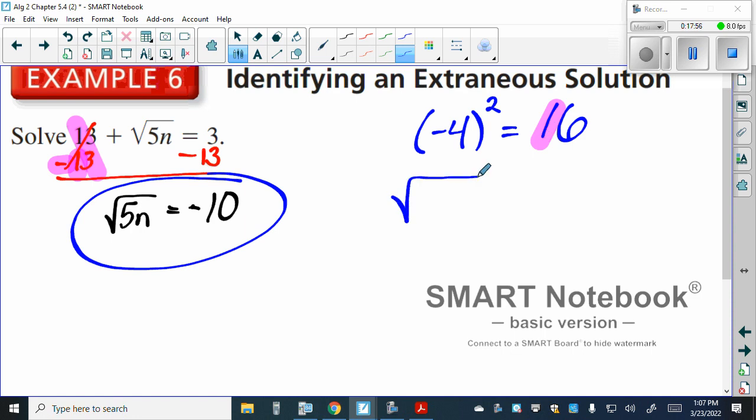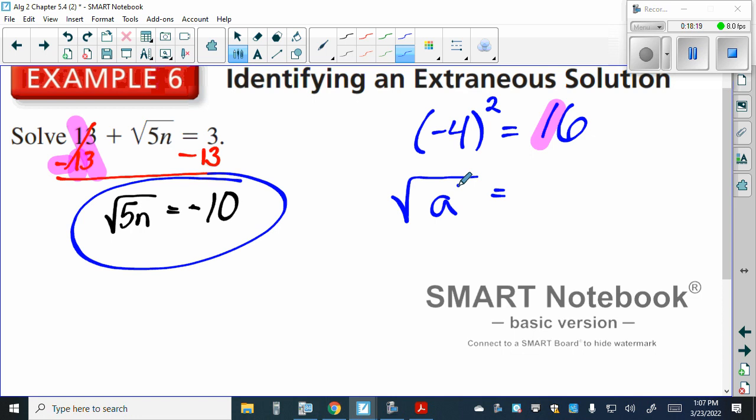But if I'm taking the square root of a number or an even root of a value, what comes out, if it's already positive, is going to be positive. We can't get a negative number out of this unless we are applying an even root.